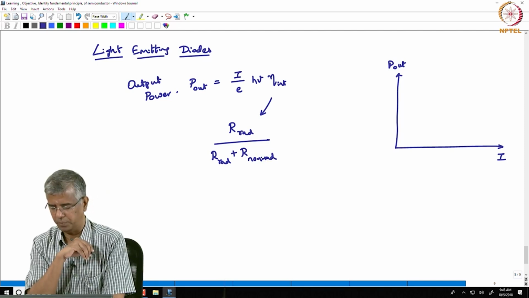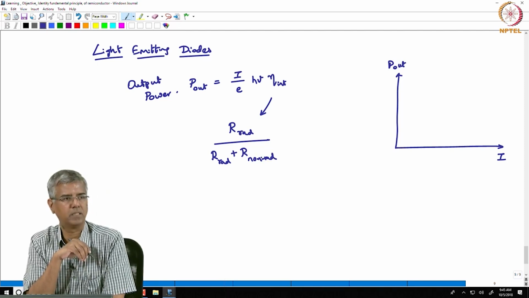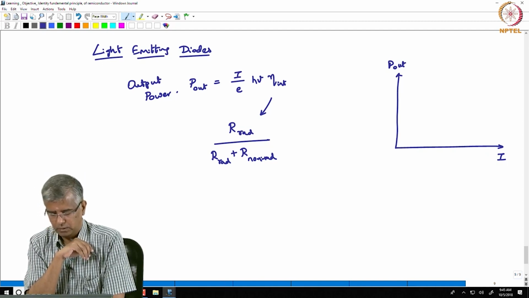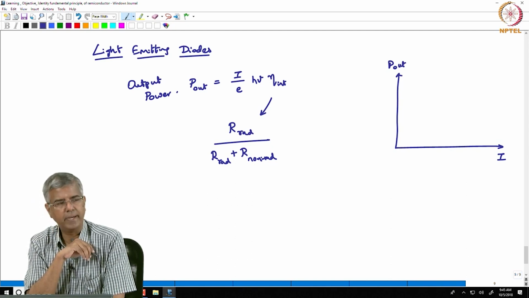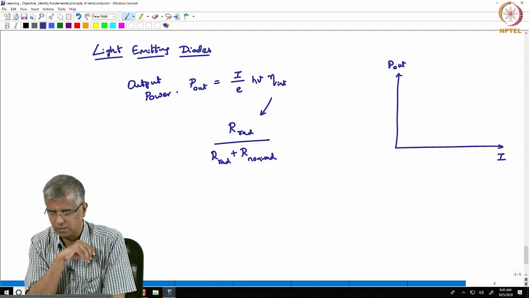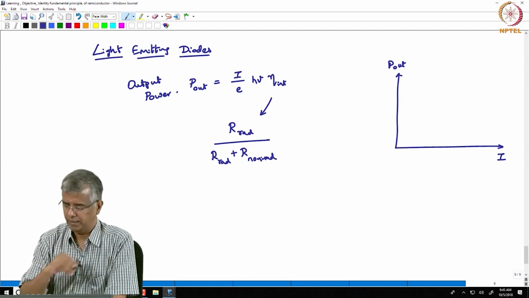That could be non-radiative mechanisms also. So, R rad over the total rate at which carriers are lost represents this eta int.